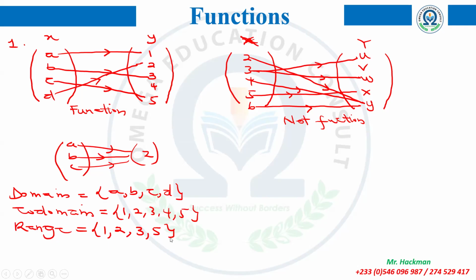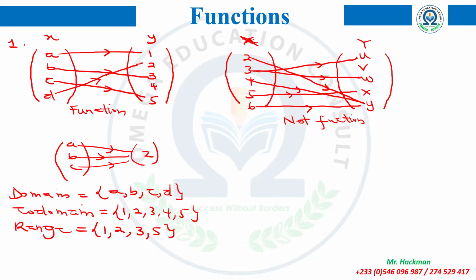Can you see that? And sometimes your codomain can also be the same as your range. So assuming you had an element here mapping onto the 4, then 4 will now be part of the range, therefore making the range the same as the codomain. Is my point well made?